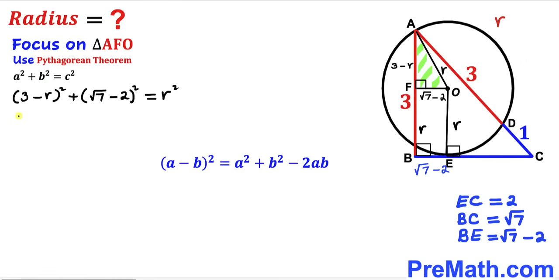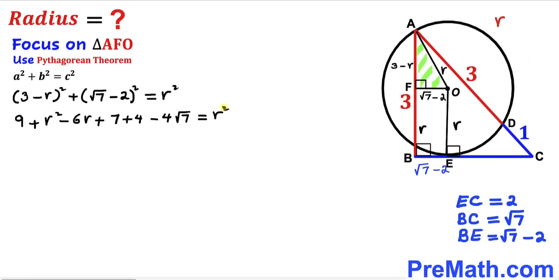So therefore we could write this thing as 9 plus r square minus 6 times r, plus likewise that's going to be 7 plus 4 minus 4 times square root of 7 is going to be equal to r square. And now we can see this r square and this r square, this is gone. And now let's go ahead and combine these like terms.